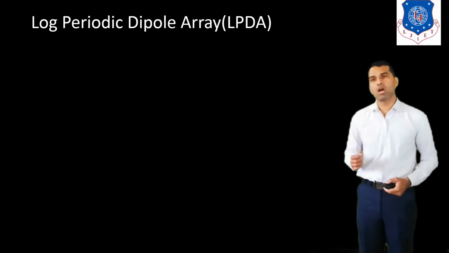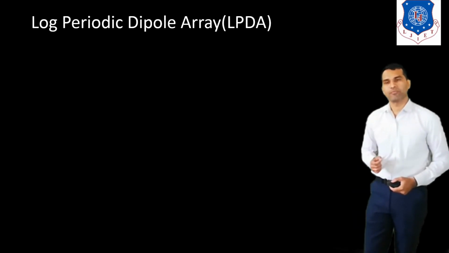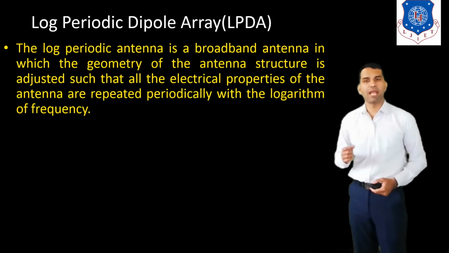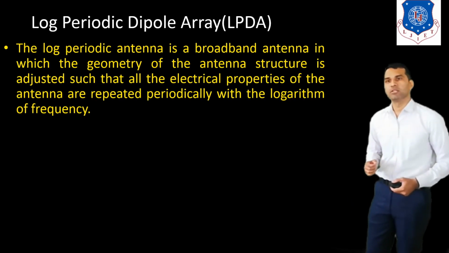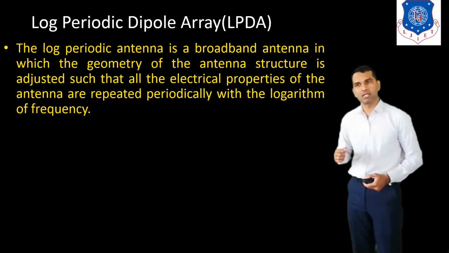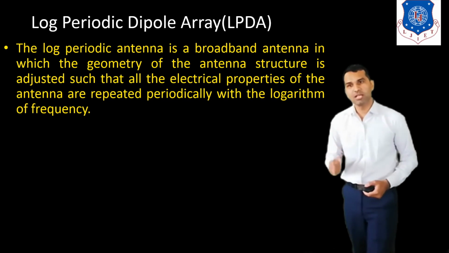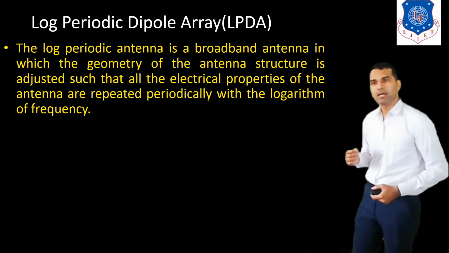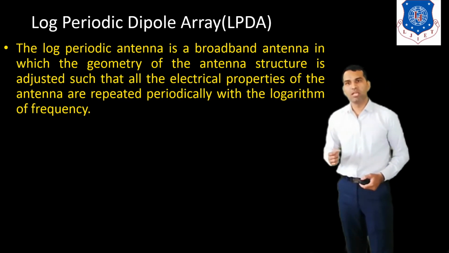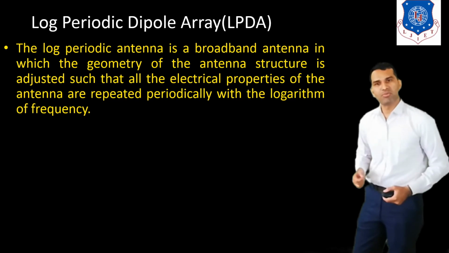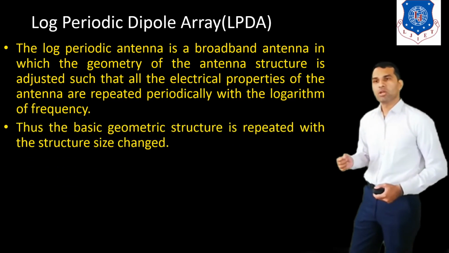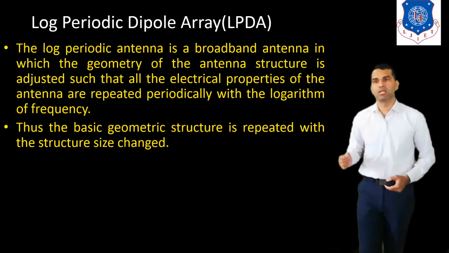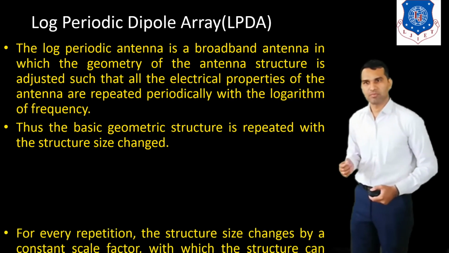Now, the log periodic dipole array. The log periodic antenna is a broadband antenna in which the geometry of the antenna structure is adjusted such that all the electrical properties of the antenna repeat periodically with the logarithm of the frequency. Thus, the basic geometric structure is represented with the structure size changing.